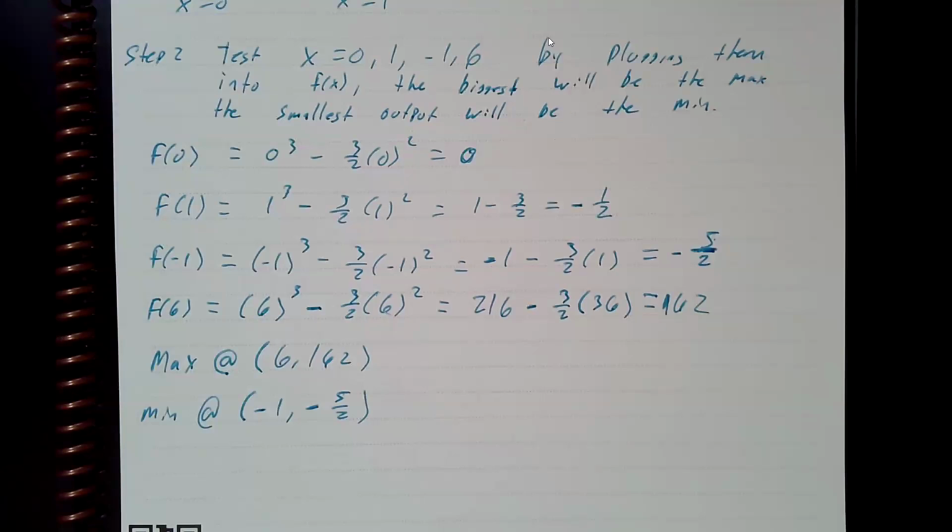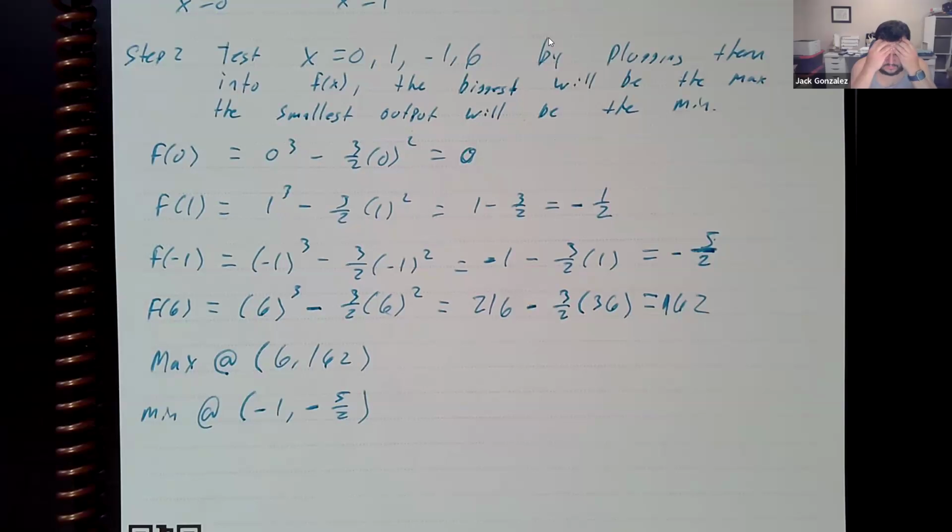I have a question. Were the two interval numbers, are those considered your critical numbers as well, or is it just where it's 0? No, there's a theorem that says that if you have a closed interval, the max and min extrema can occur on the endpoints. So you got to check.